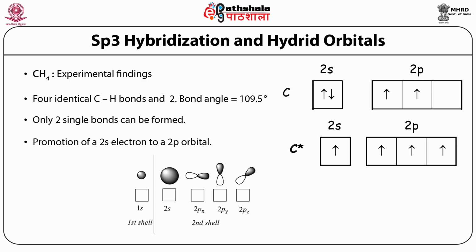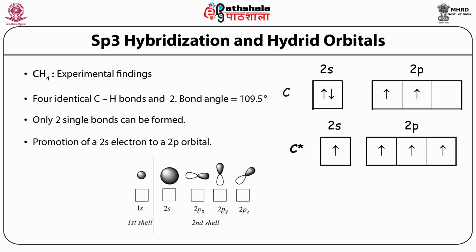109.5 degrees. The carbon atom can use its 2 singly occupied p-type orbitals to form 2 covalent bonds with 2 hydrogen atoms, yielding the methylene CH2, which is an unstable molecule.